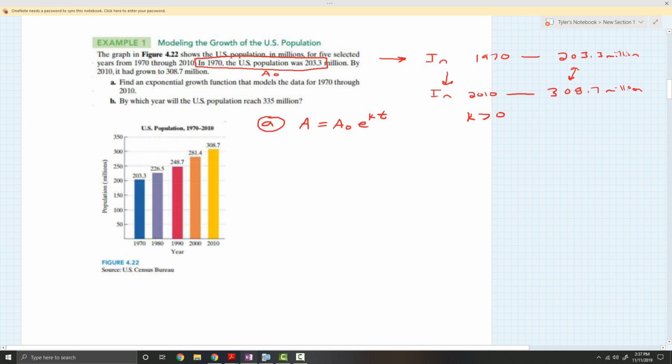So if I want the 203 million to be A sub naught, then I'm going to want the t value for 1970 to be 0. So of course, what we can do to make that happen is let t equal the number of years after 1970.